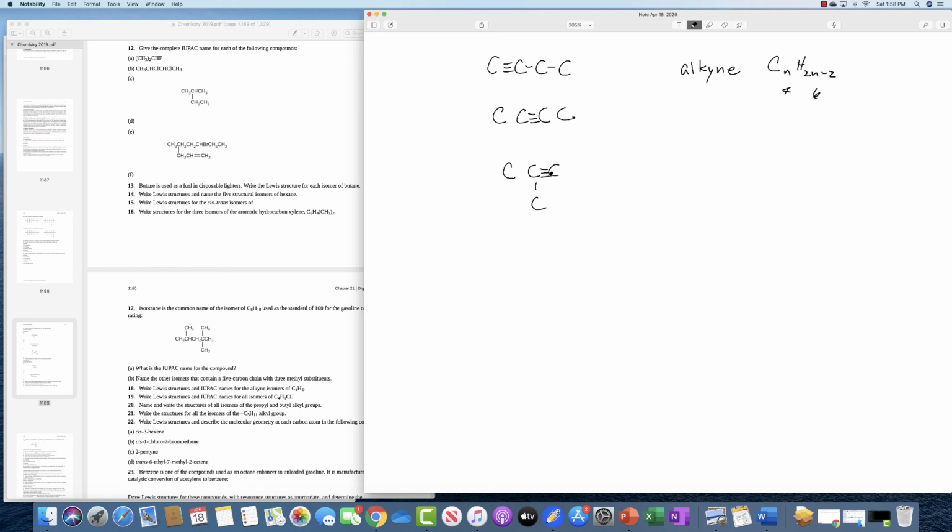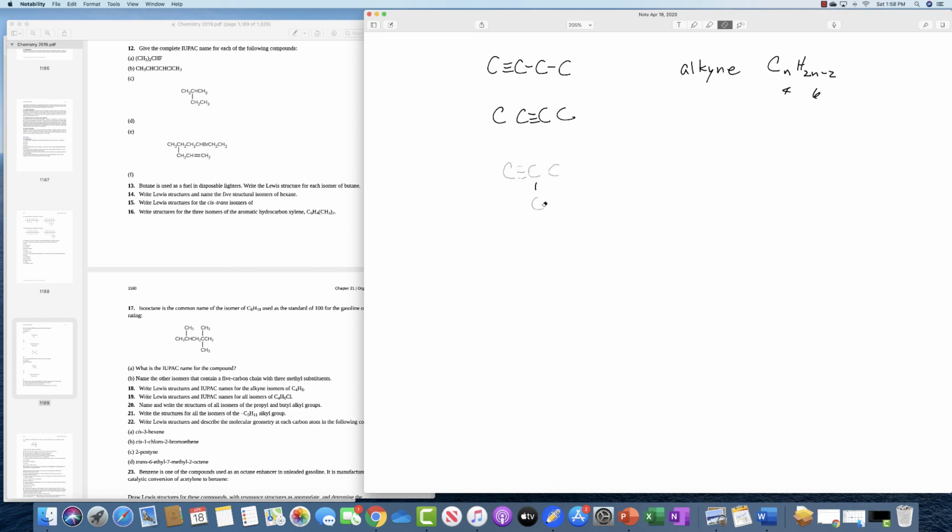You cannot put a triple bond here or a triple bond here, because what happens is you don't have enough. Let me show you. Let's take this out. Now you have 4 bonds here, then there's nothing left to attach here, and similar if you put 3 here, so that doesn't work.